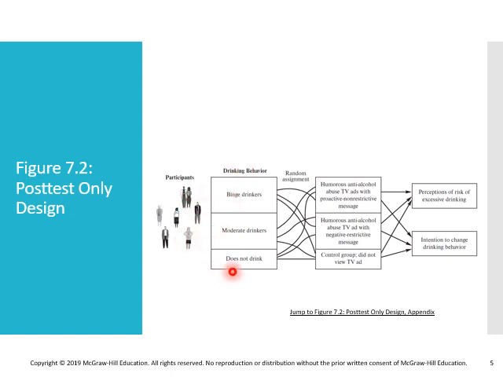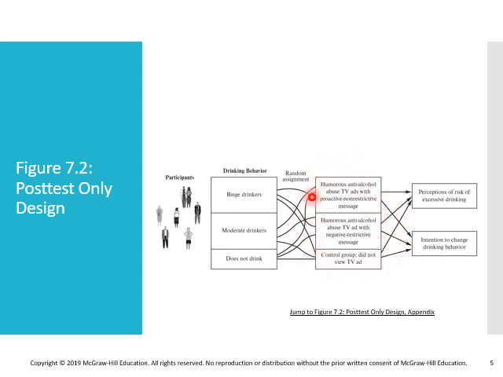After we have our participants telling us what their drinking behaviors are, and we have allocated them into these respective three categories, then based on random assignment, meaning people in this category, everyone has an equal chance to be in this manipulation or this manipulation or this manipulation. Based on random assignment, we allocate each individual in each of these three categories into one of these three conditions right here in the middle.